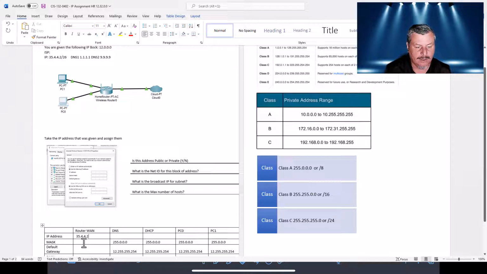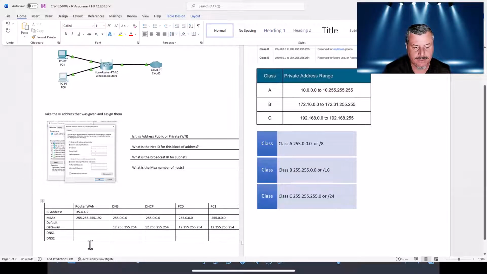And then what is the mask? We know that's more than 24, so we know it's 255.255.255, and that should be 192, if I remember correctly. We'll dive into that.